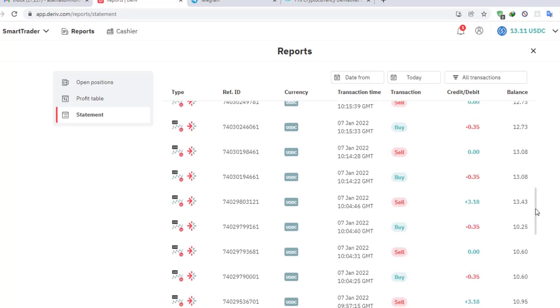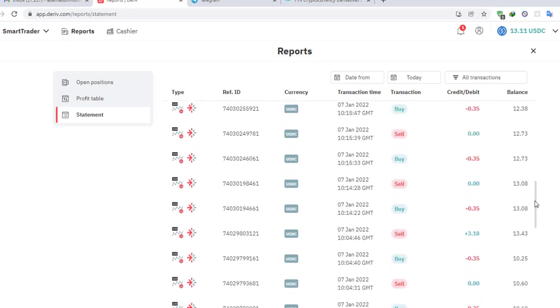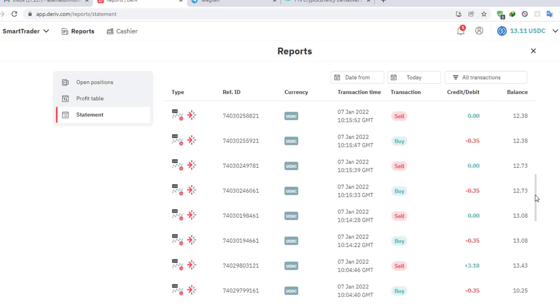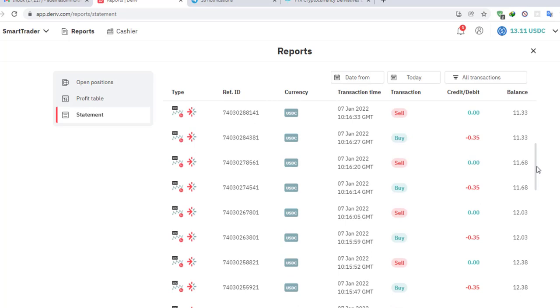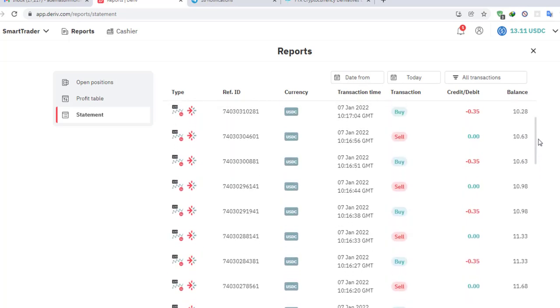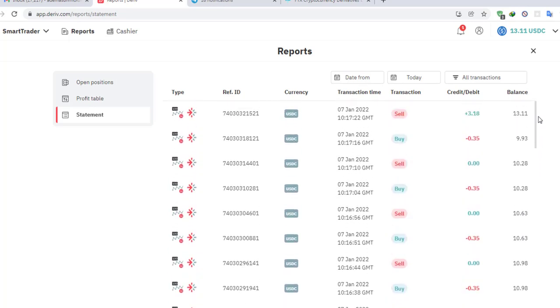I started from 13.43. So I placed, just count the number of negative 0.35 entries, you can see. Starting from me, so 1, 2, 3, 4, 5, 6, 7, 8, 9, 10. Then the 11th trade was correct. So I'm back here.